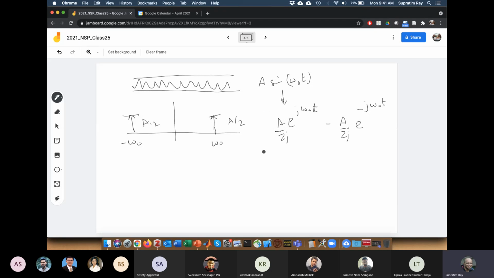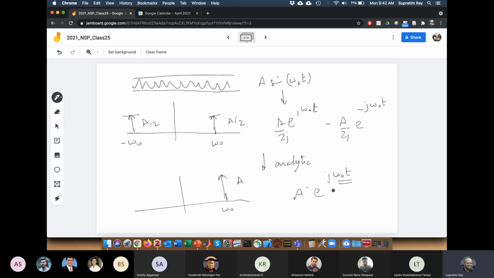But if I look at the analytic signal of this, it's just a single delta function of amplitude A at omega naught. So the analytic signal is just A e to the power j omega naught t.